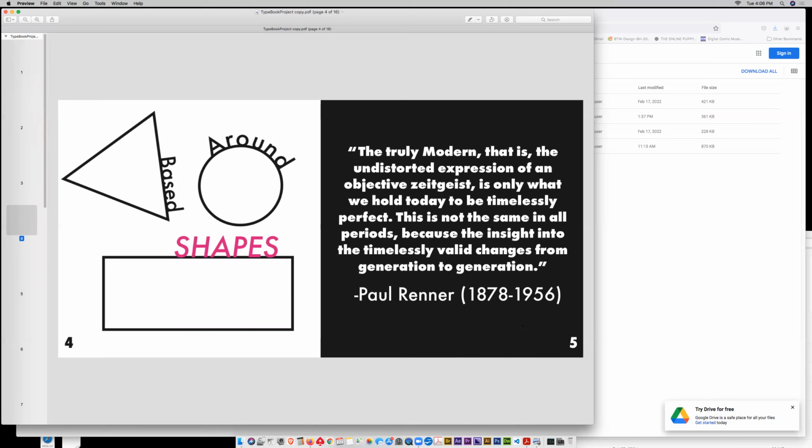I would almost say, let's see here. So I guess what I'm looking at right now is comparing the shapes. Futura is famously based around a circle, the O's are famously based around a circle.